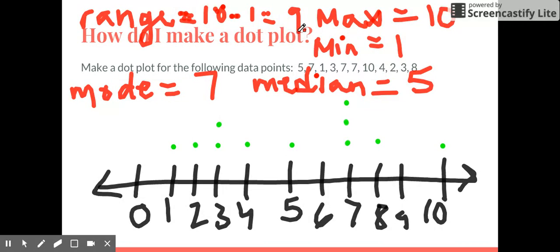And compared to the numbers that I have, that's a pretty big range. Since I have a pretty large range, that means my data is more spread out. Therefore, it has a greater variability since it's so spread out. If I had a smaller range, that means my distribution would be more clumped together and my data wouldn't be as variable. So there you go. That's how we make a dot plot.